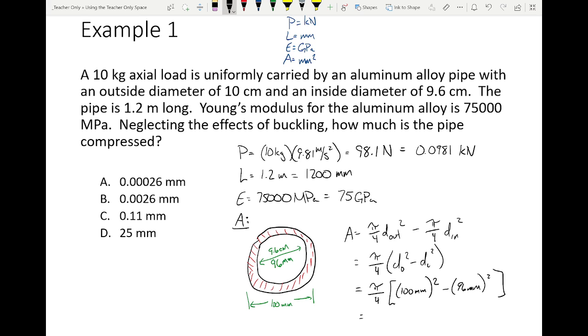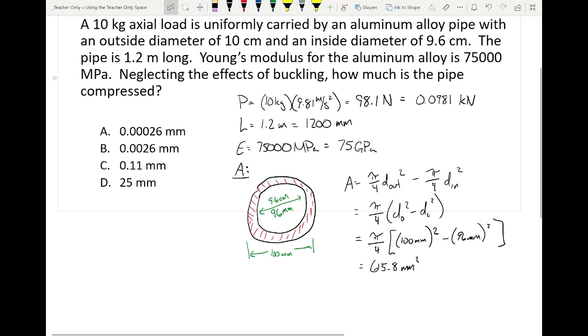we can do that. So what do we get from our Casio FX115 ES Plus or similar scientific calculator? I got 615.8 millimeters squared here. So here's our formula: delta equals PL over EA.